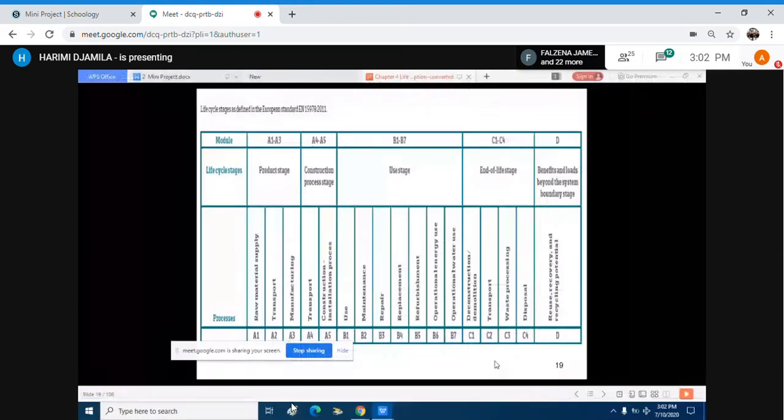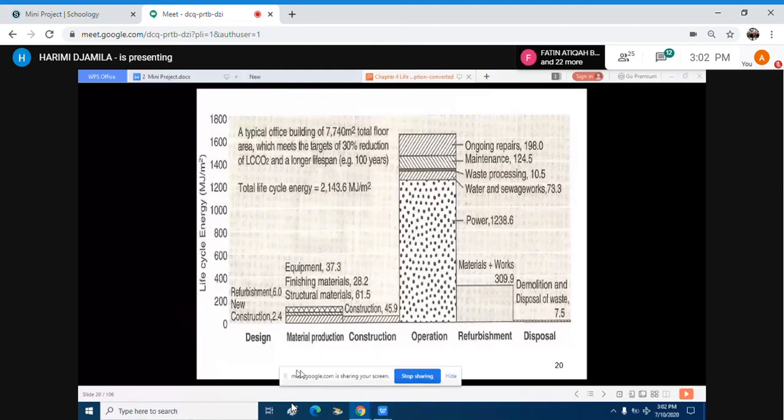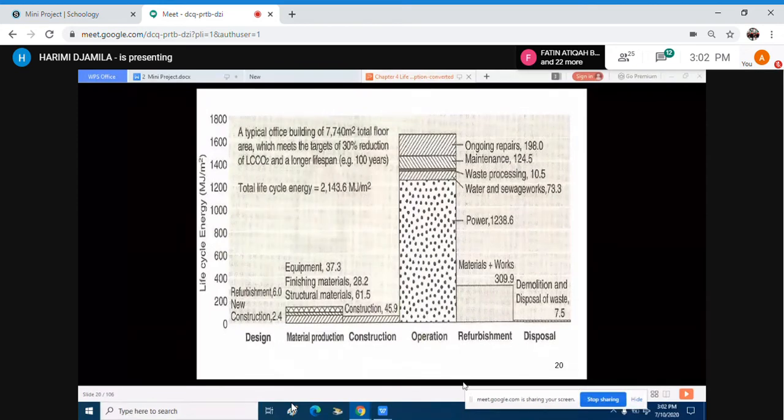So this one you can always have a look later. This is a good illustration about life cycle construction. This is a real case for your information. This one was made in Japan, from sources and references, but it's a real case.